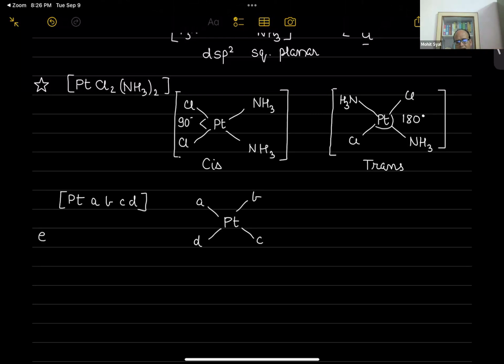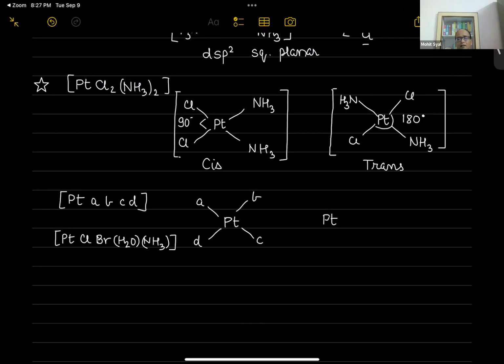I can write one example. Suppose you have platinum, Cl, Br, H2O, and NH3. You can see that there are four ligands and all four are different: Cl, Br, H2O, NH3. Instead of writing the formulas, I am representing them by a, b, c, d.